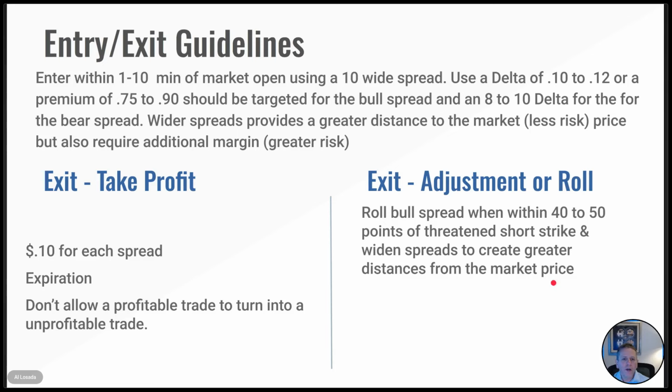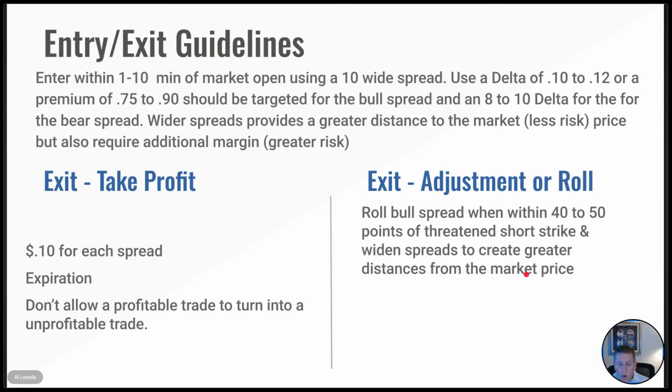All right. So let's talk about adjustments as well. When I adjust a trade, if the market is threatening that trade, I wait until 40 to 50 points, and then I'll roll that trade.